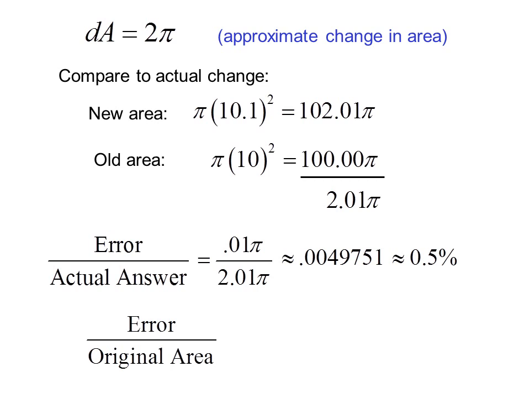If we compare the error to the original area, it's 0.01 pi over 100 pi, or 0.0001, which is approximately 0.01%.